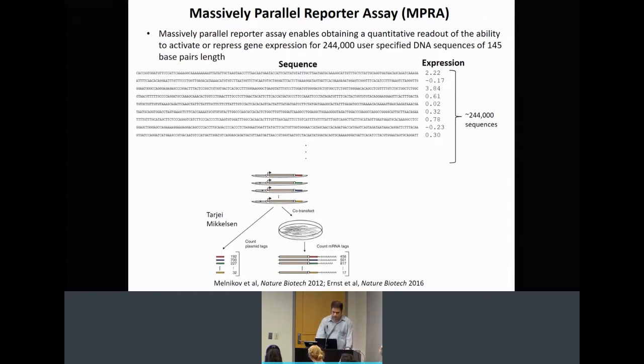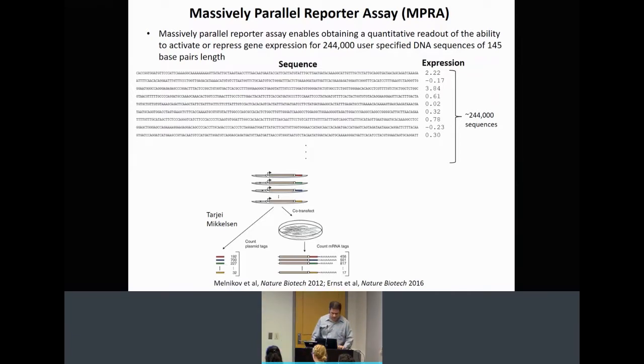In the specific variant of it that we used, and this was done in collaboration with R.J. Mickelson, who was one of the groups that developed this around the same time, one can synthesize thousands, or now up to 245 base pair sequences of DNA, and then get a quantitative readout of the ability of that sequence to drive gene expression, based on putting that sequence in front of a reporter gene and then putting a barcode downstream of the gene.